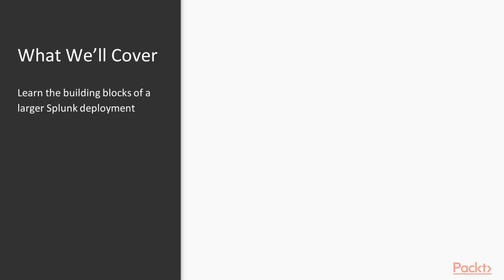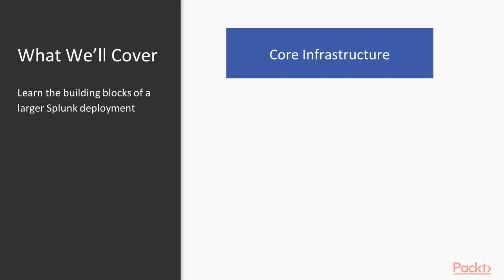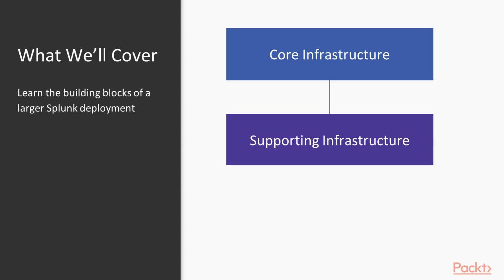So I want to talk a little bit about how this all builds on each other. First, we're going to look at the core infrastructure. This is going to be things like your indexers and your search heads, stuff that you're pretty much going to have in every Splunk environment and the users are going to interact with, whether directly or indirectly. And then we'll also look at, for the next part, the supporting infrastructure.